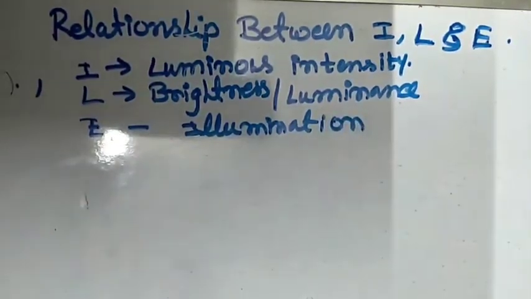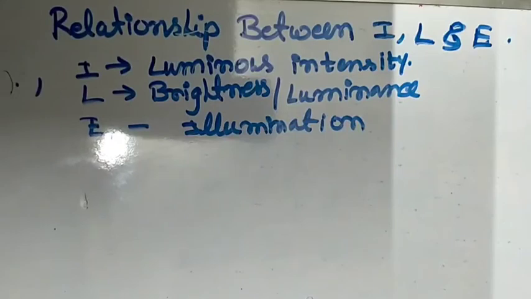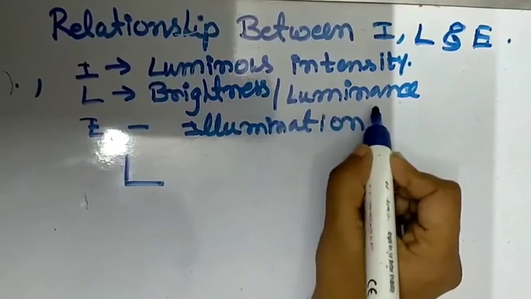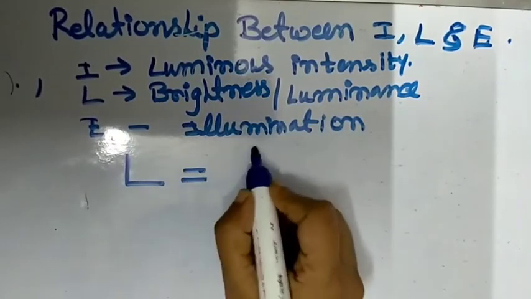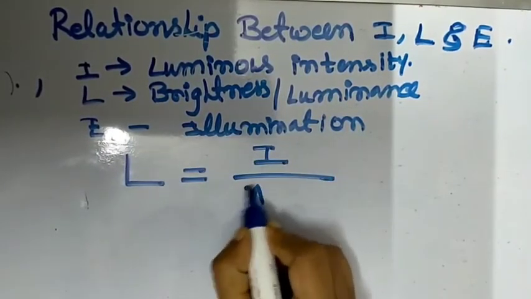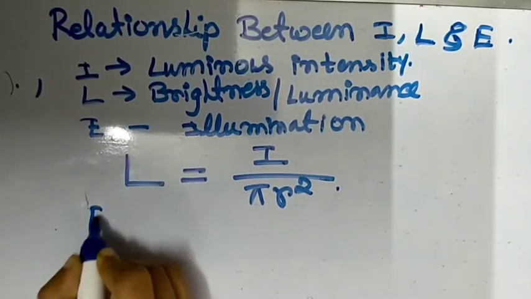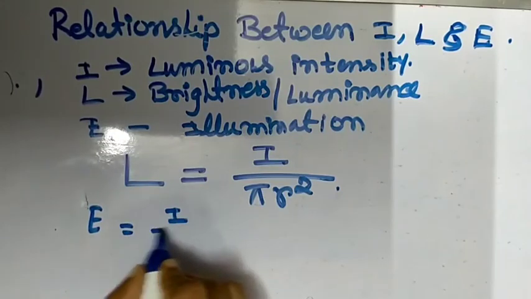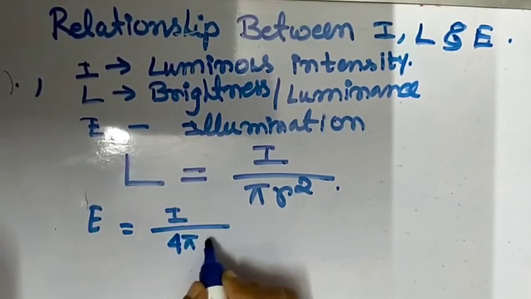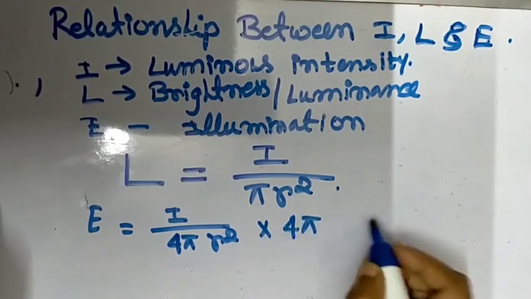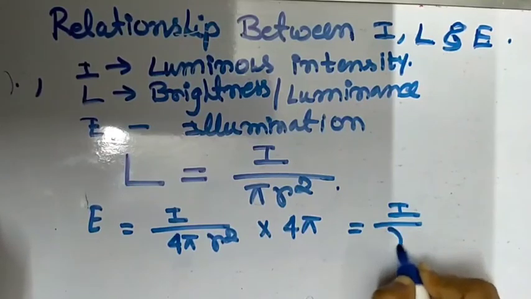Okay. Now consider a uniform diffuse spherical source with radius R meter and luminous intensity I candela. Then L, that is brightness or luminance, is equal to I by pi R square. Okay. Now E is equal to I by 4 pi R square into 4 pi, which is equal to I by R square.